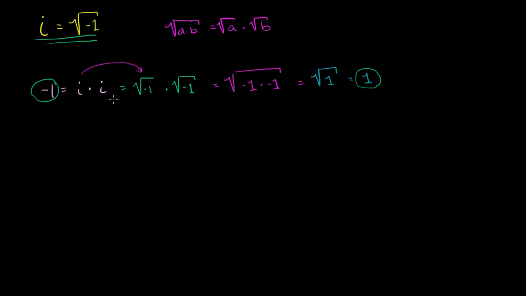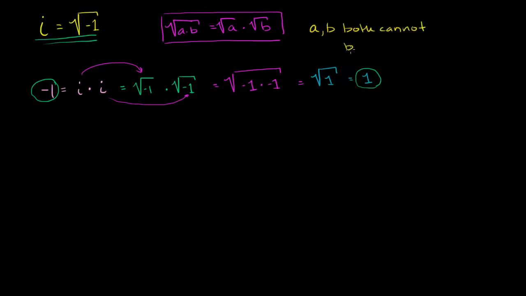And what you should then point out is that this was not the incorrect step. It is true, -1 is not equal to 1, but the faulty line of reasoning here was in using this property when both a and b are negative. If both a and b are negative, this will never be true. So a and b both cannot be negative.